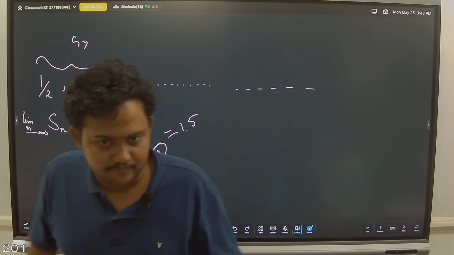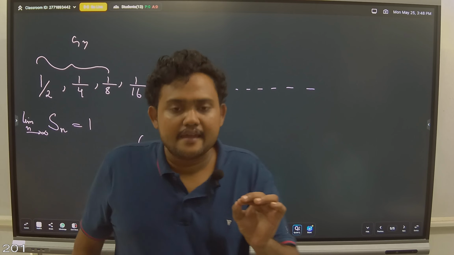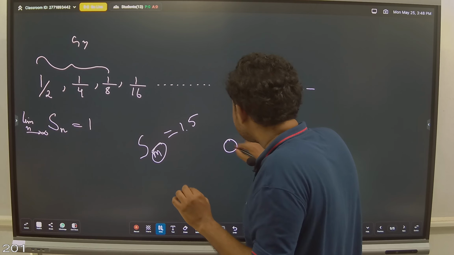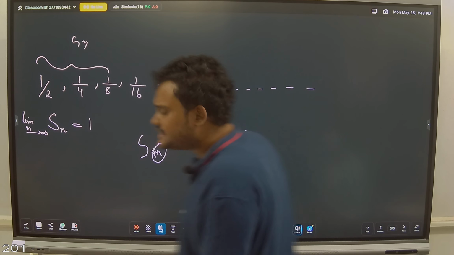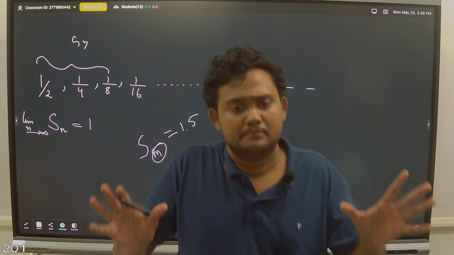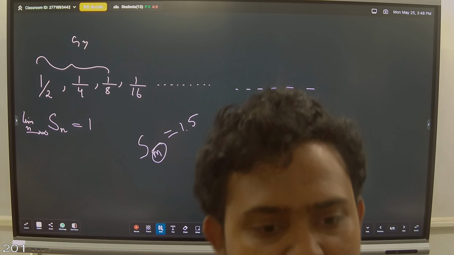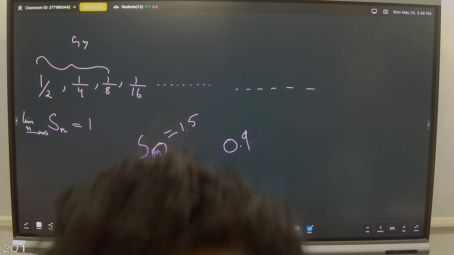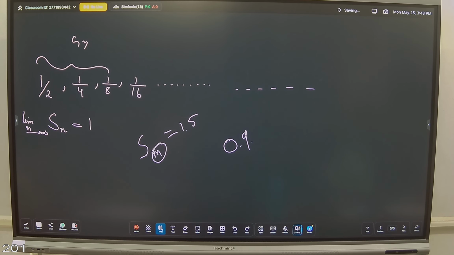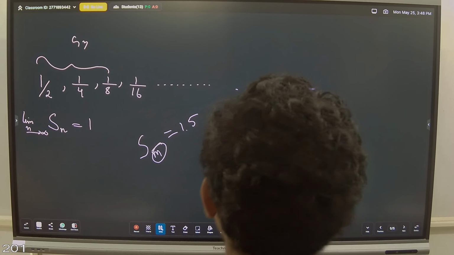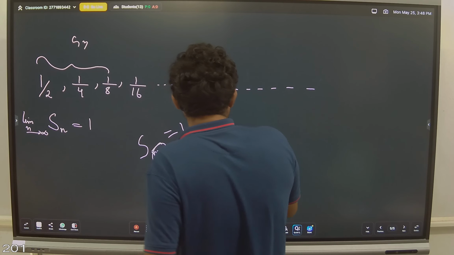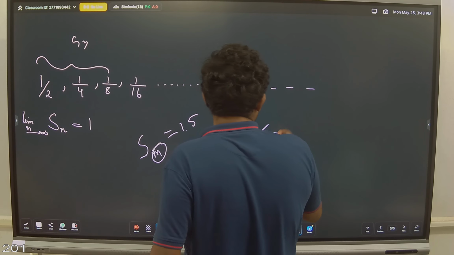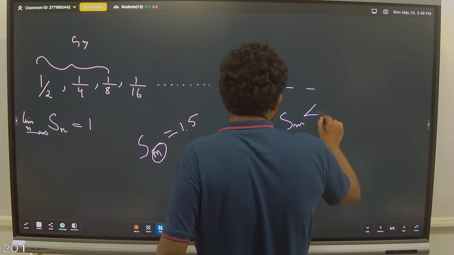But if I say something like 0.9, there exists some m for which the sum of m terms is greater than 0.9 but less than 1.